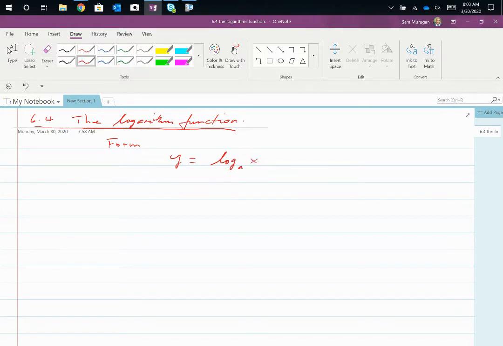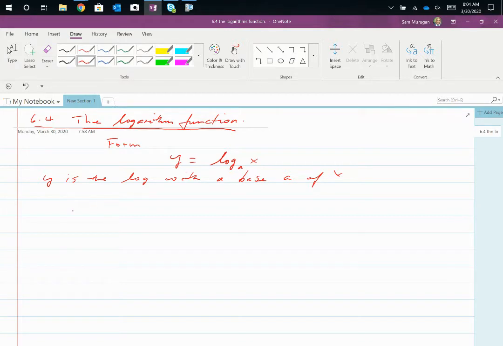This is read as y is the logarithm with a base of a of x.